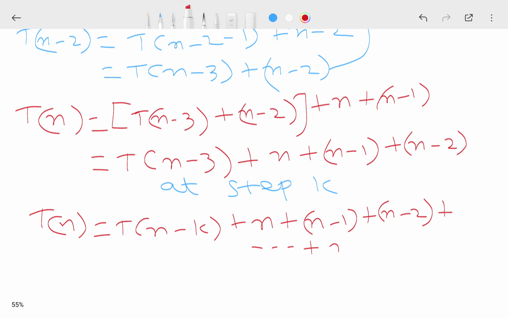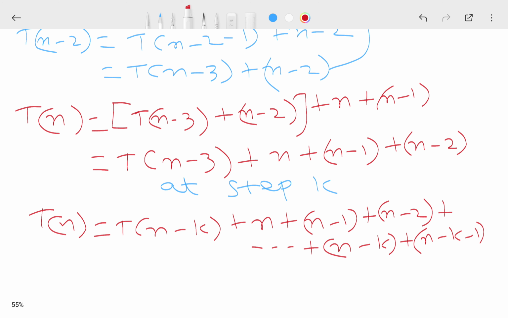Finally it will be n minus k plus n minus k minus 1. Because at step 3 it is T of n minus 3 plus n plus n minus 1 plus n minus 2.